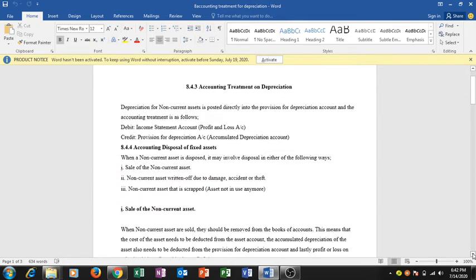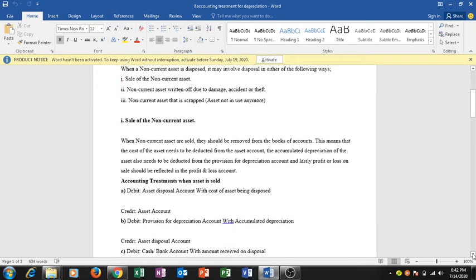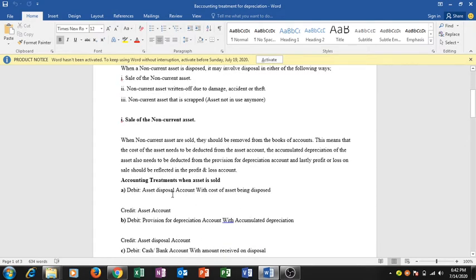I want us now to see, in these three cases, how we deal with the recording. Let us start with the sale of the non-current asset. If the asset is disposed through sale, then it means that that asset is going to generate some income into the business at the end of the day through the sale. So this is how we deal with it. One is to remove it from the books of accounts.